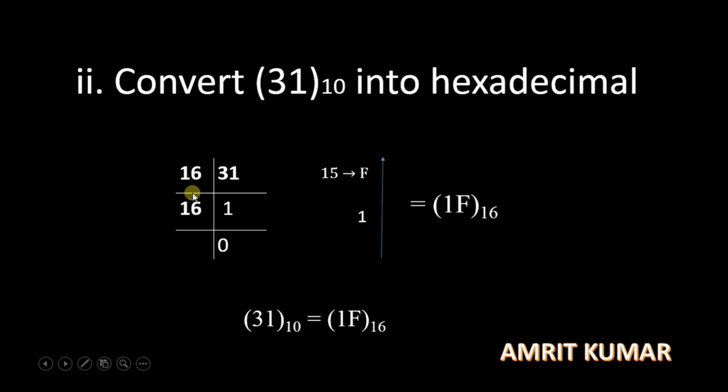This is how you can convert any decimal number into a hexadecimal number, and the rule is simple: divide the decimal number with the base of a hexadecimal number, that is 16. After dividing, you follow the bottom to top approach and write it from bottom to top, that is 1F whole base 16. So this is the hexadecimal number.